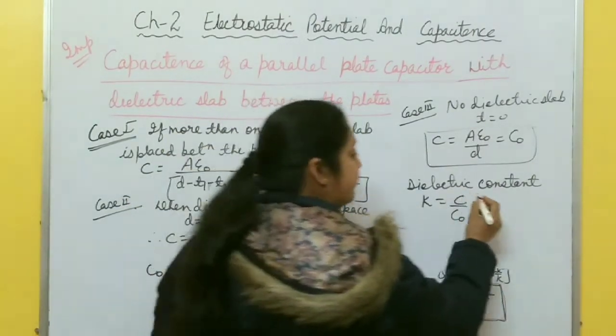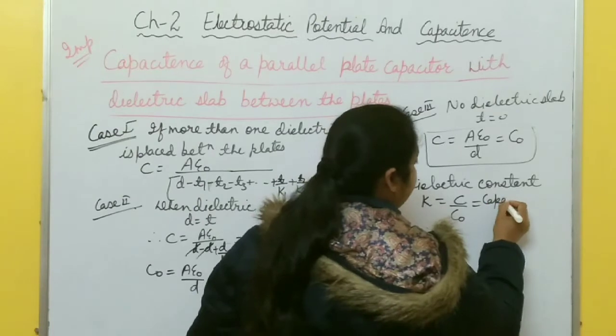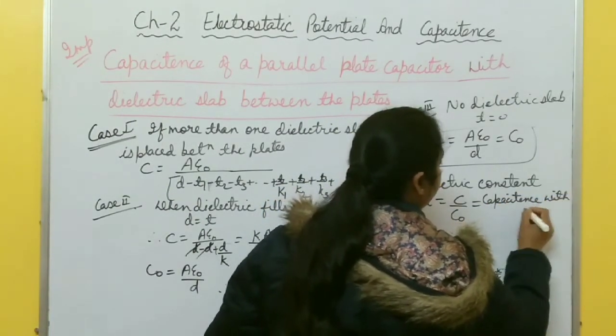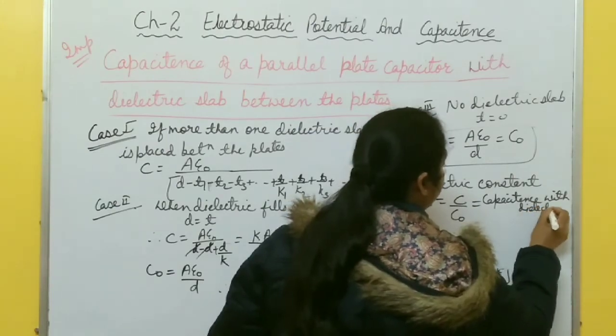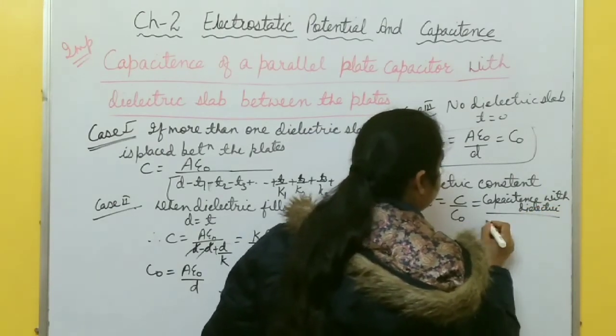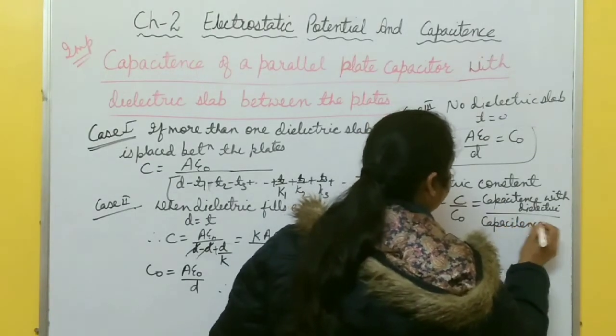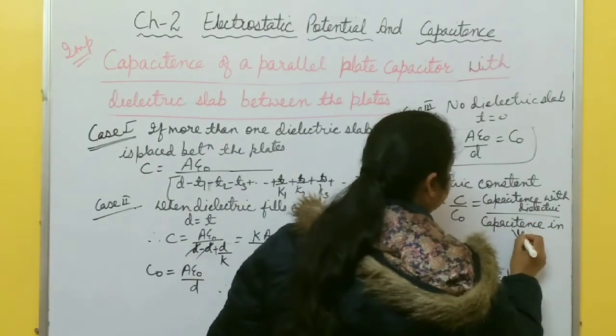C is the capacitance with dielectric. Here I have proved, right? And C naught is the capacitance when there is no dielectric, it means in vacuum, right?